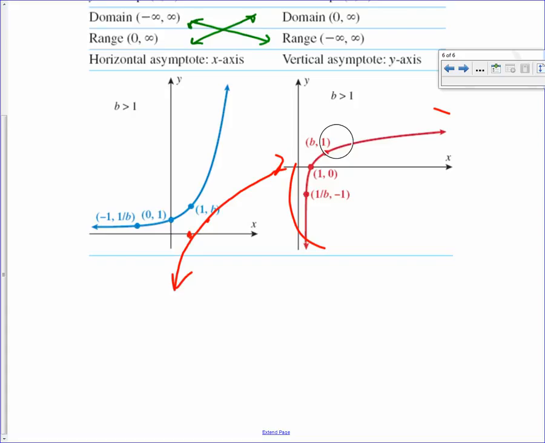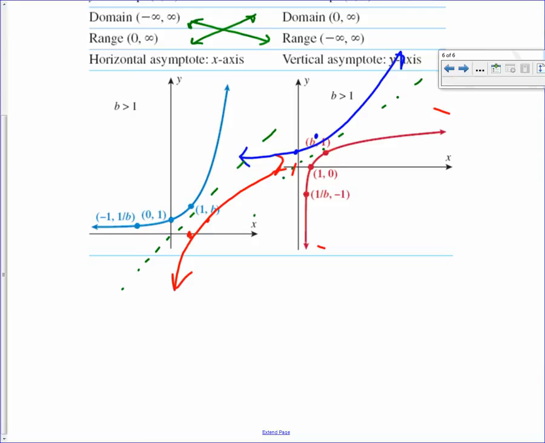I'm going to do the same thing over here. On the logarithmic graph, let's graph the exponential on top of it. The exponential goes through (0, 1). It goes through (1, b), and it looks like that. What do you notice about those two graphs when we graph them together?